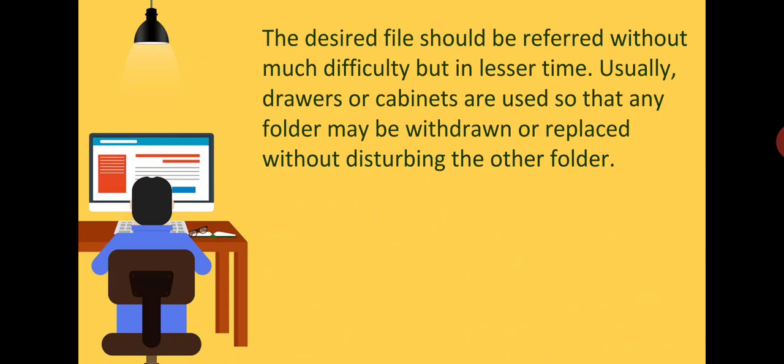Through drawers or cabinets, organizations keep this kind of files, and this is the best system through which we are able to replace or withdraw our needed document without wasting more time. So that is all about vertical filing system.